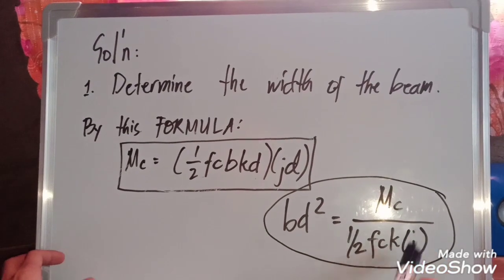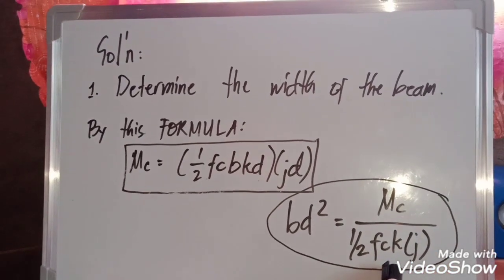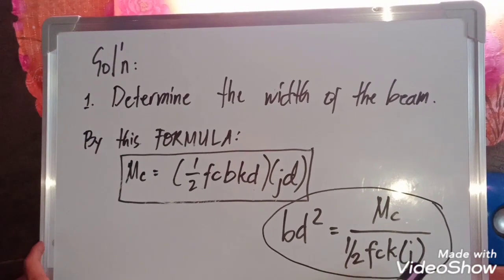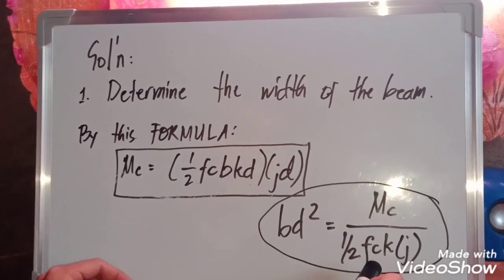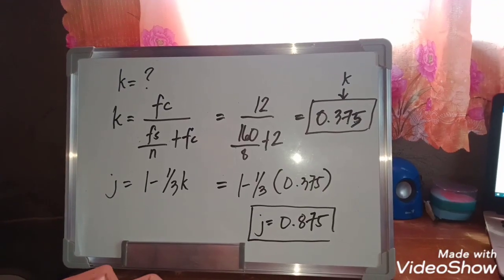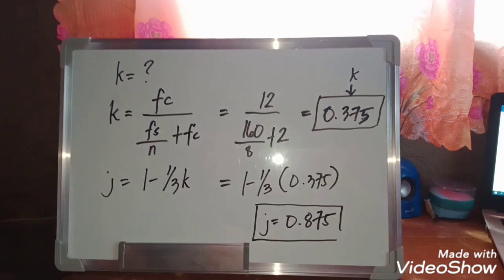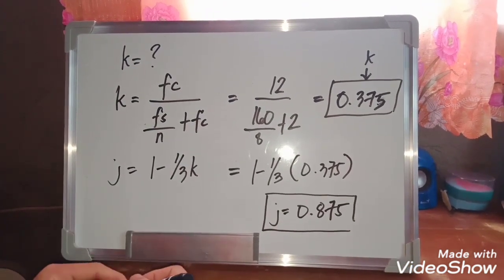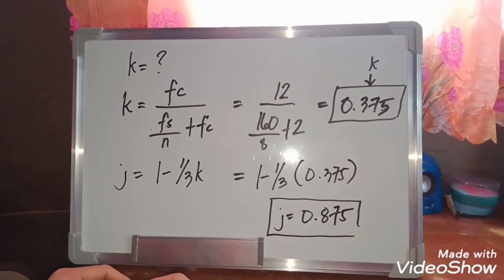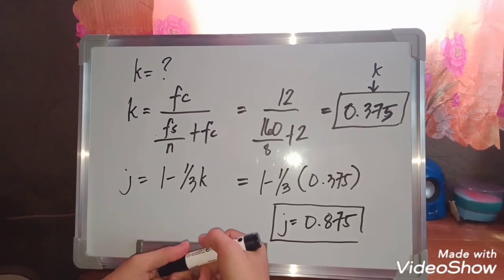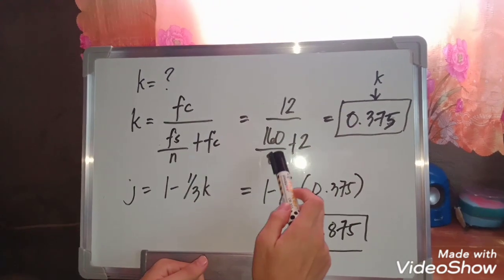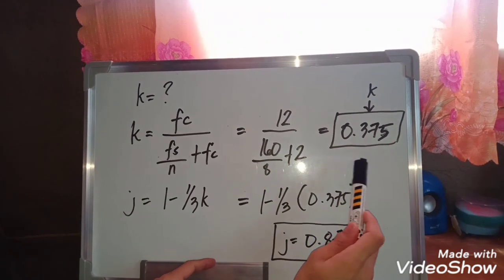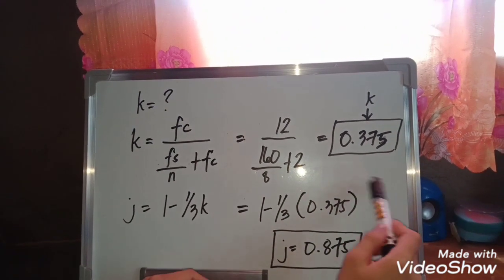So let's find first the k, which is the ratio of the distance to the neutral axis, and j, which is the ratio of the distance from the center of compression. For k, we can use the formula fc over fs over n plus fc, which is 12 MPa over 160 over 8 plus 12, resulting as k equal to 0.375.